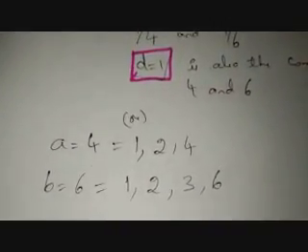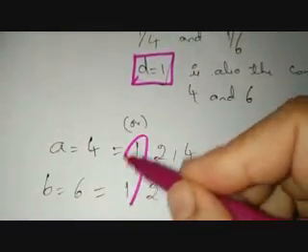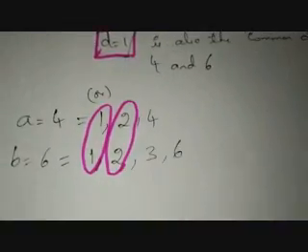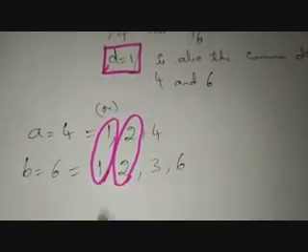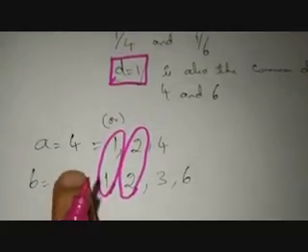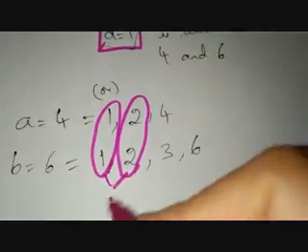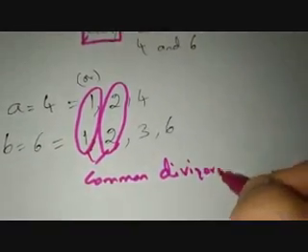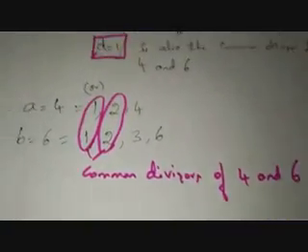Now tell me what is common here. Common in both cases are 1 and 2. So these are the two common divisors of 4 and 6.